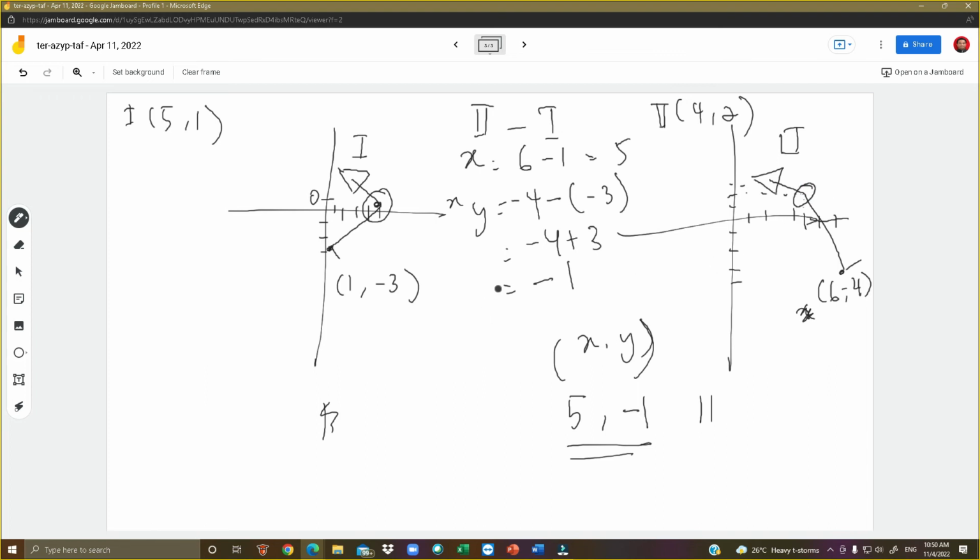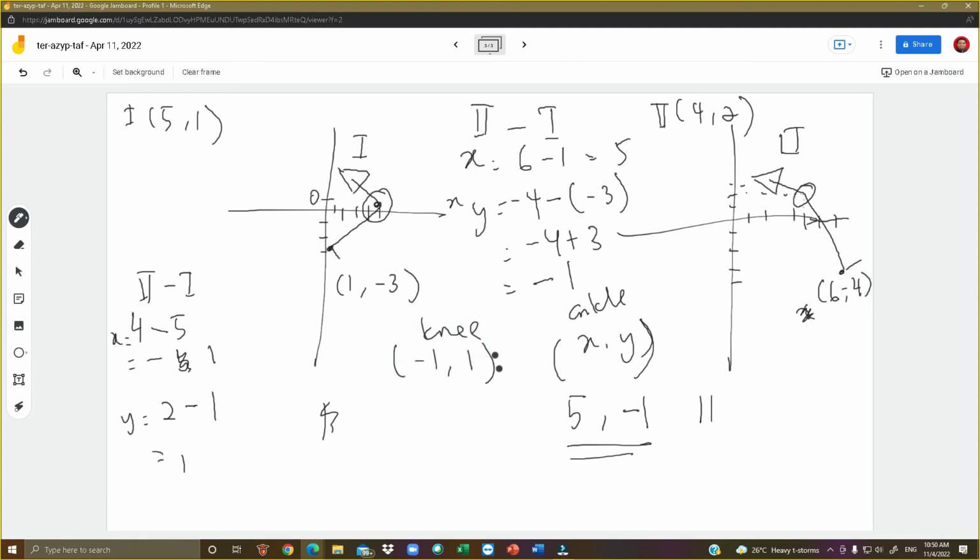What is the difference? It will be 2 minus 1, 4 minus 5 for X. And for Y, it will be 2 minus 1 equals 1. X equals negative 1. So this is the knee, and we have negative 1, 1.